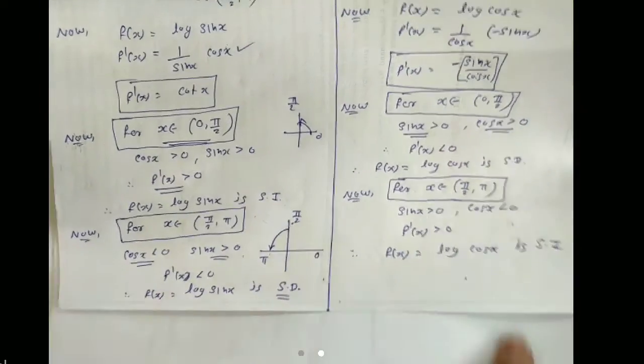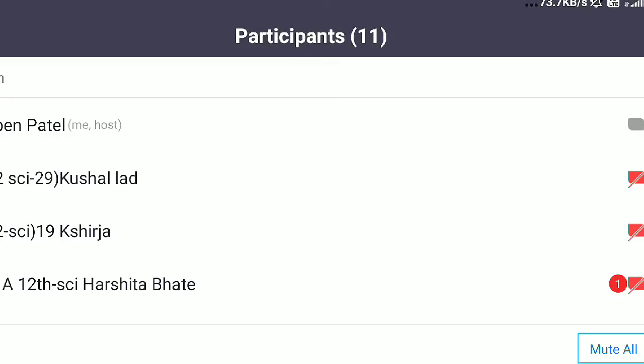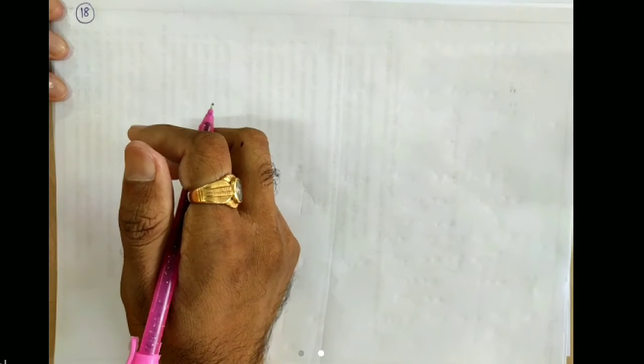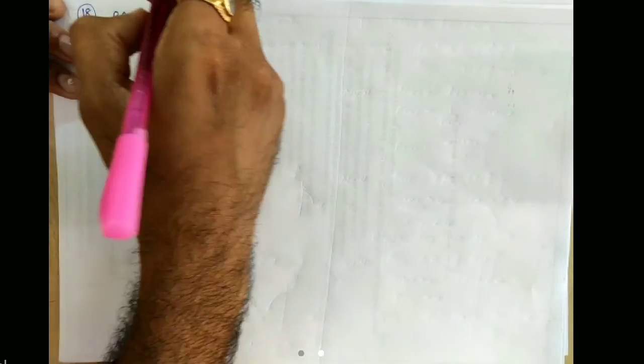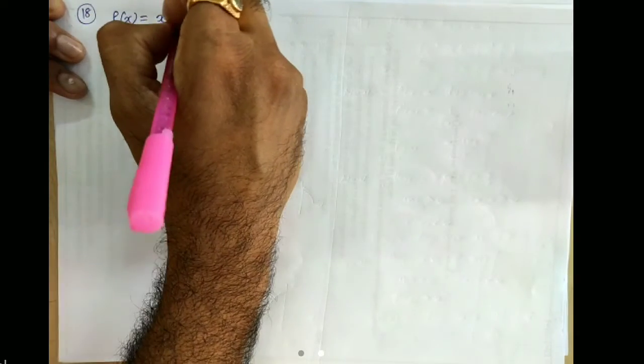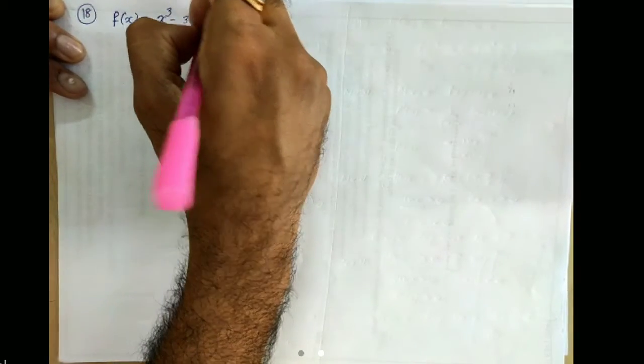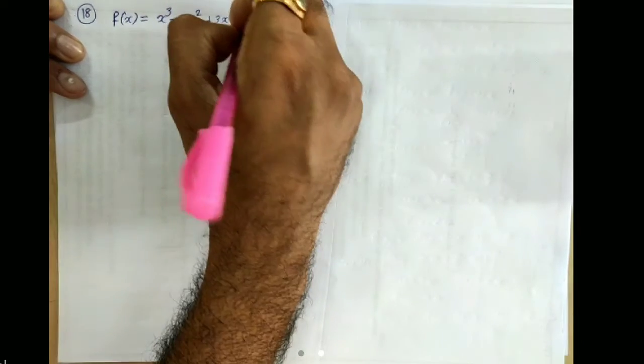Now next one is question number 18. What we are given in question number 18: prove that the function f of x equal to x cube minus 3x square plus 3x minus 100.